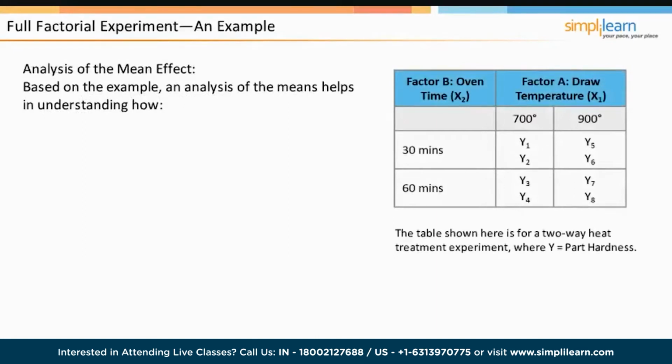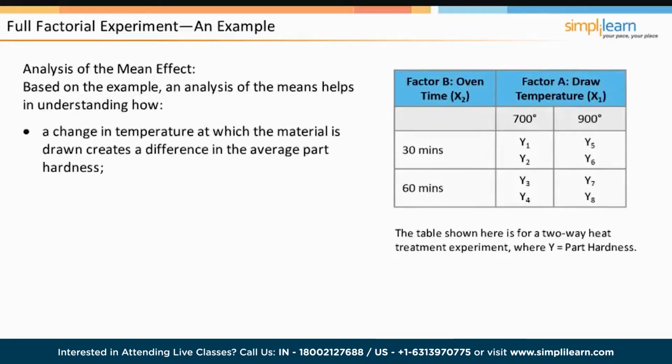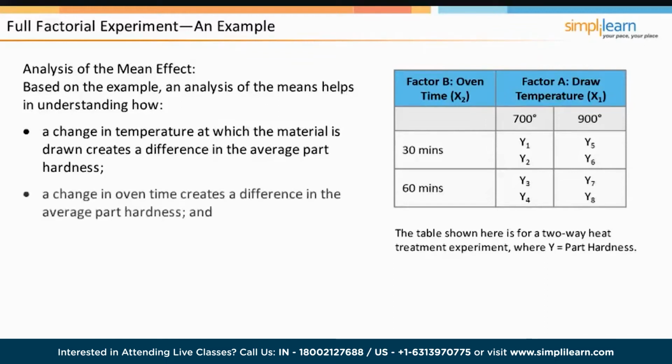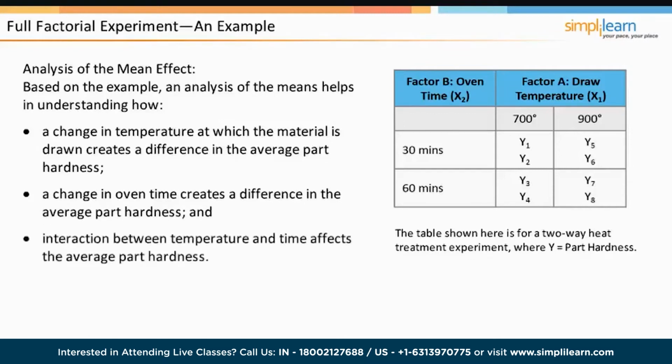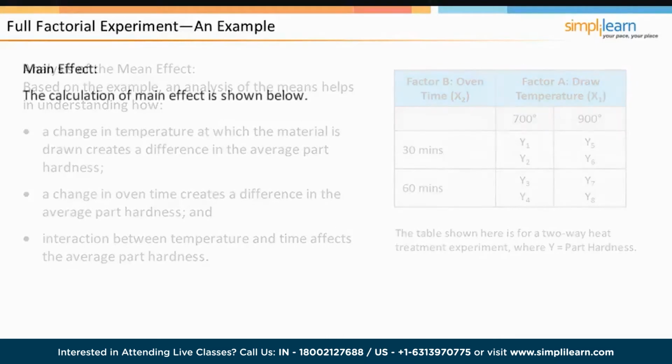An analysis of the means helps in understanding how a change in temperature at which the material is drawn creates a difference in the average part hardness. This affects the output and is called the main effect. Analysis of means also tells how a change in oven time creates a difference in the average part hardness. This is also the main effect. Analysis of means explains how interaction between temperature and time affects the average part hardness. This is known as the interaction effect.